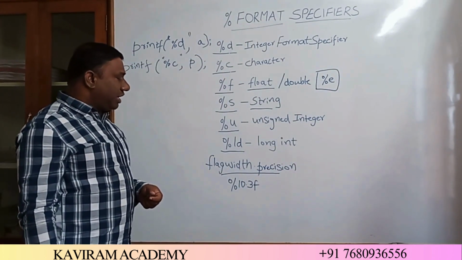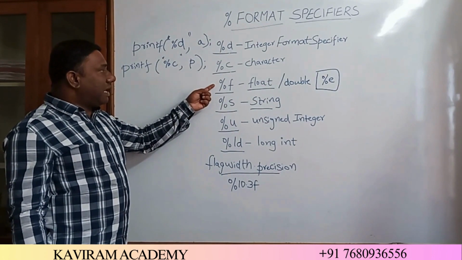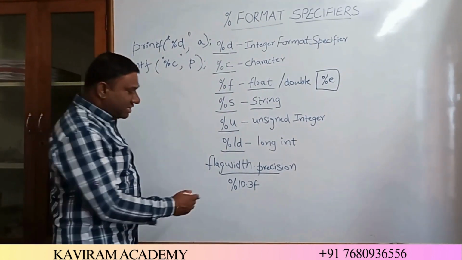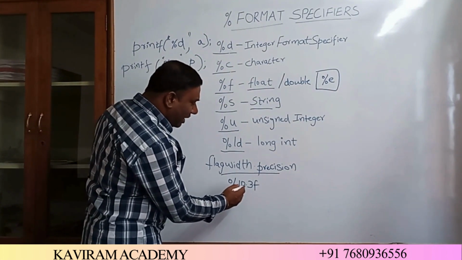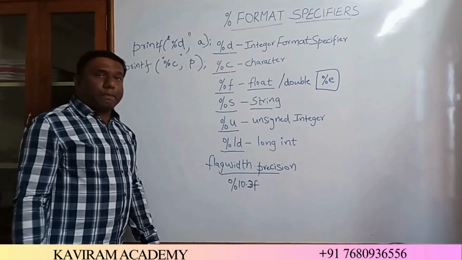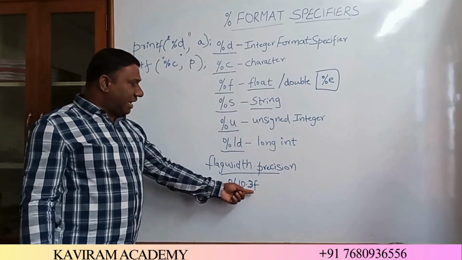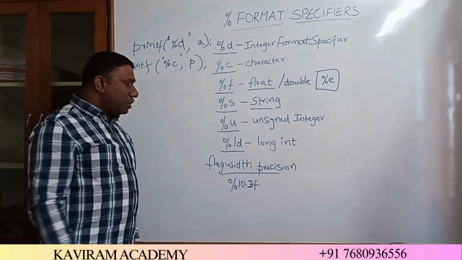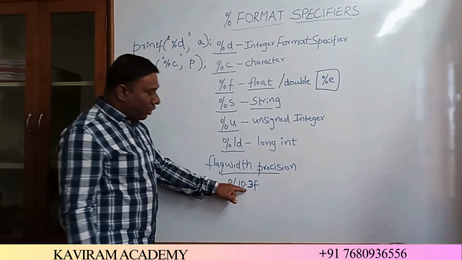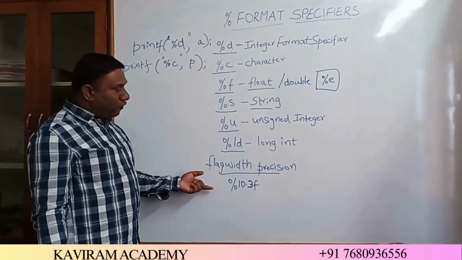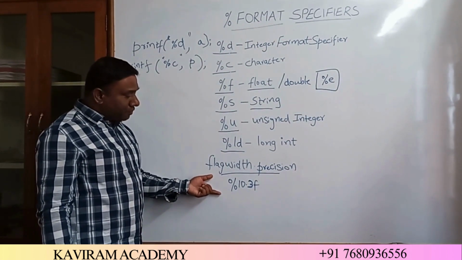So here, as we have seen, %f stands for your float or double. But here, if you can see, I have written %10.3f. So this represents your flag, width, precision. So whenever I write like this, 10.3f, that represents I am printing a floating value.